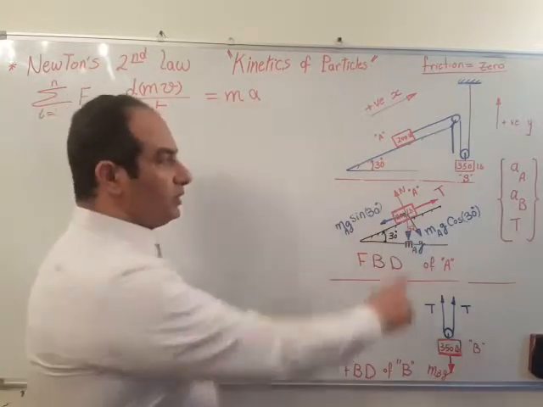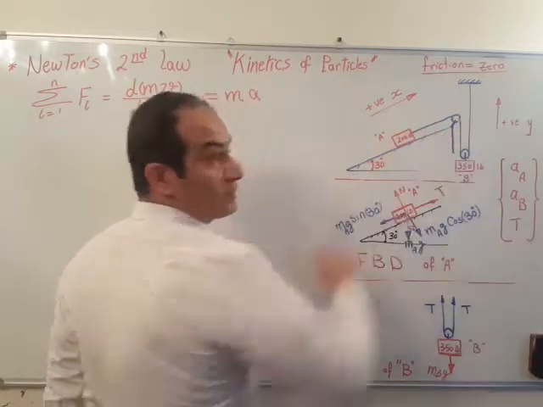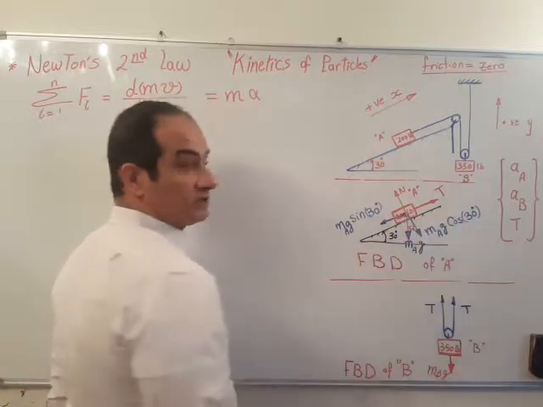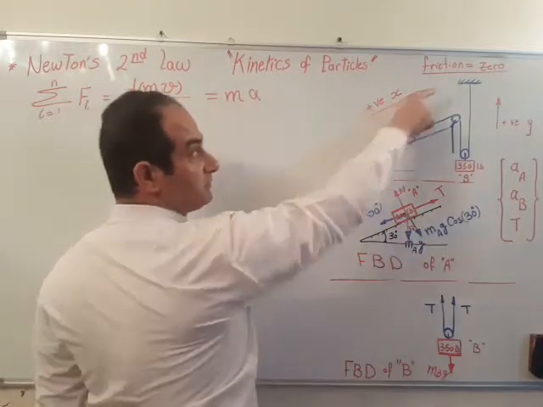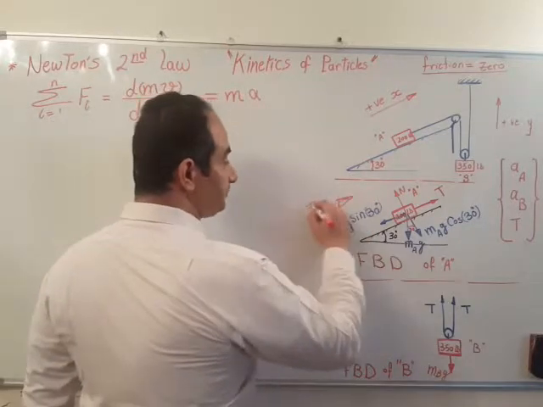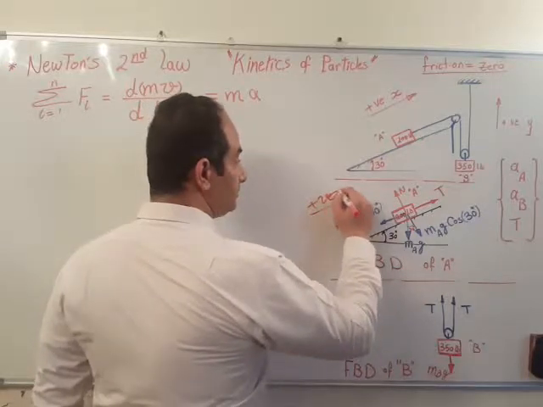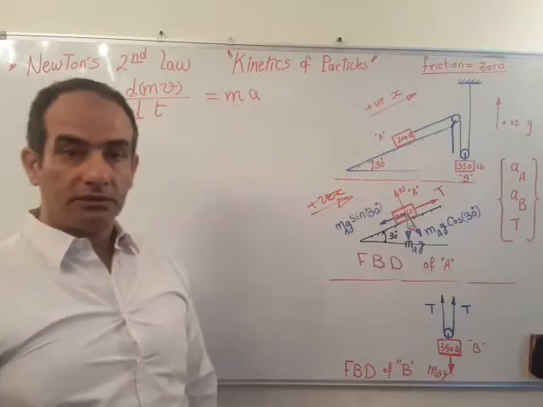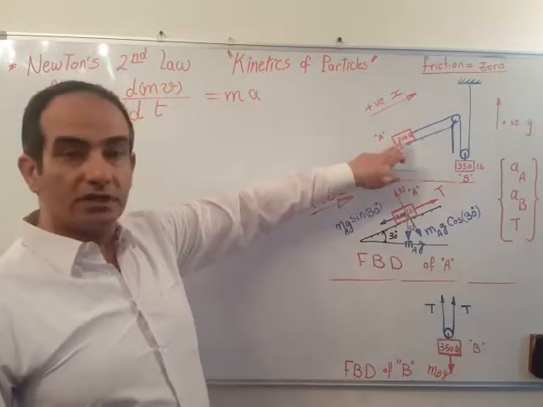Yes, we also have a tension force due to this string. So we assume that we have a tension force in the positive direction x. This is the free body diagram for mass A.